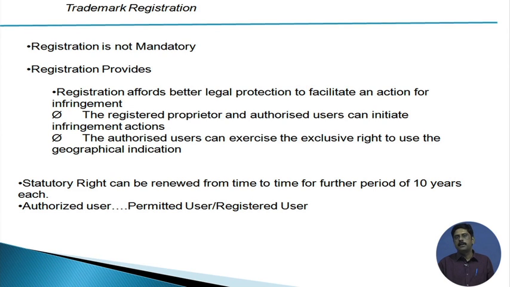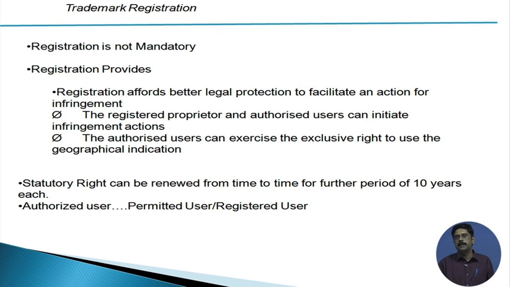So, for a non-traditional mark like smell, how will you represent it in graphical form? There lies the challenge. A non-traditional mark like smell is till date not registered in India, but it can be registered considering the descriptiveness of the mark or based on the chemical formula, what chemical elements or formula you are using.